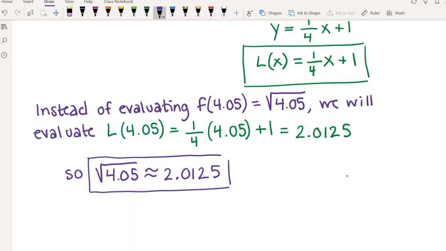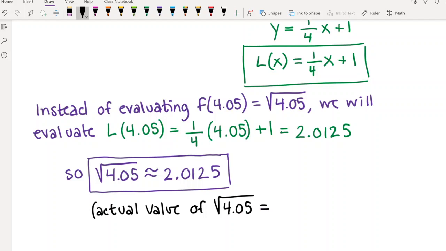So by the way, what is the real value of this function? If you type it into a calculator, now that you're away from your desert island, the actual value of square root of 4.05 is equal to 2.01246. So that's pretty close, right? That rounds to what we got in our approximation.